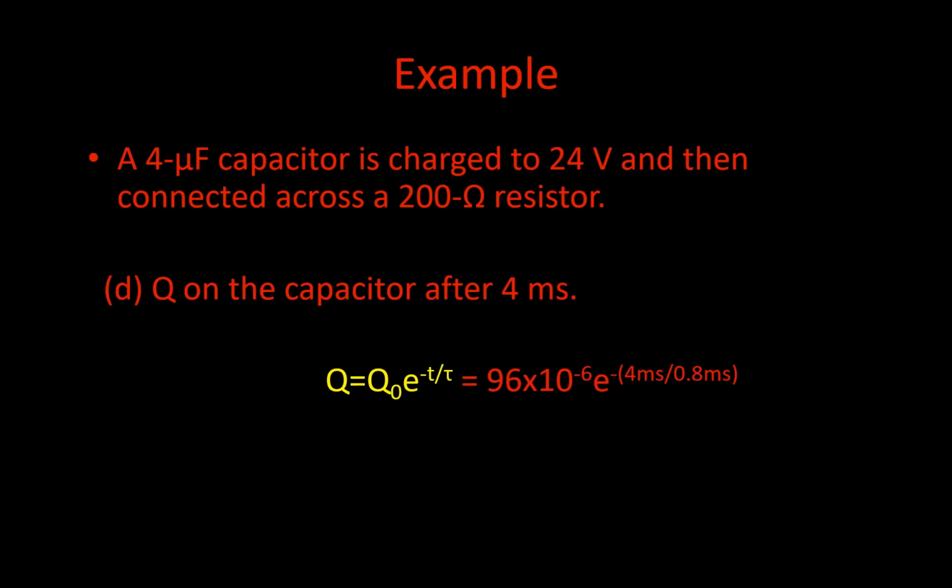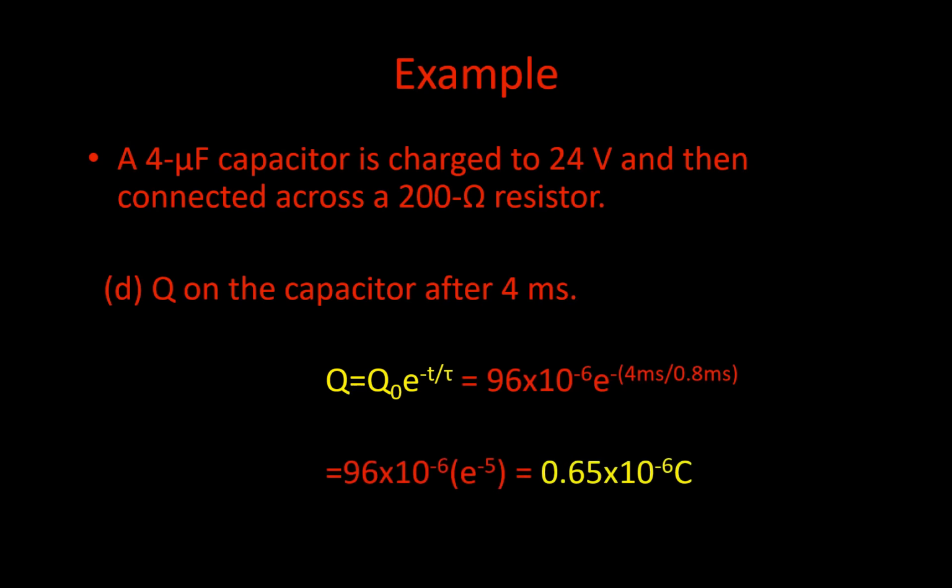We already found Q0 from our previous calculations, so this becomes 96 times 10 to the minus 6 coulombs times e to the negative 4 milliseconds over the 0.8 milliseconds we calculated in a previous part of this problem. That reduces down to 96 times 10 to the minus 6 times e to the negative 5.